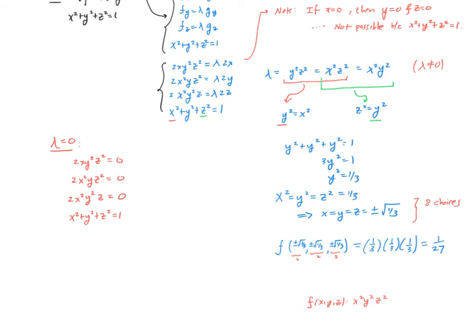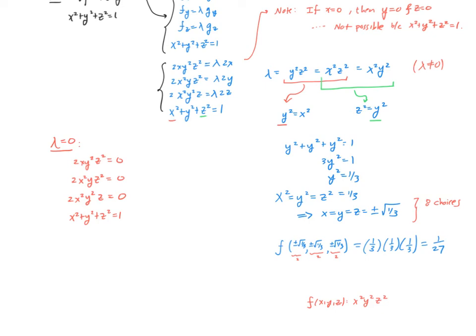And what I would like us to think about is how can these first 3 equations be satisfied while still satisfying the constraint. So if just one of the variables is 0, that is okay. So if x is equal to 0, all 3 of these equations work.